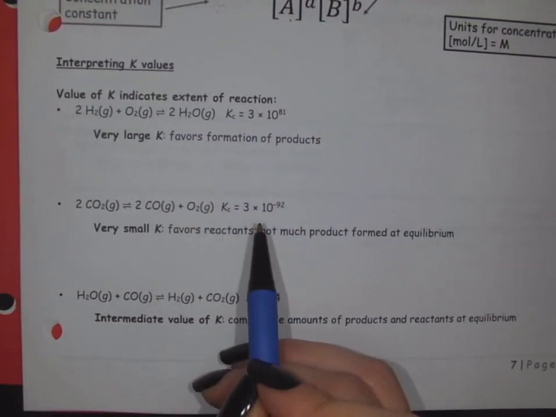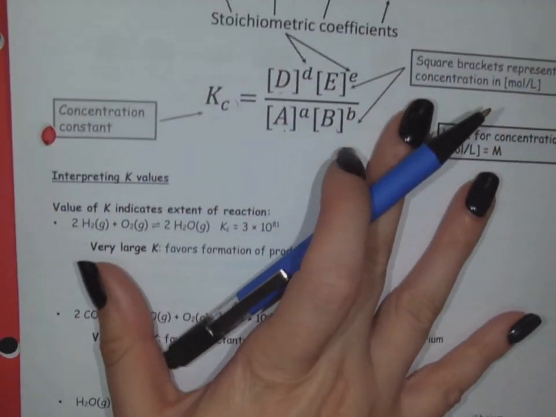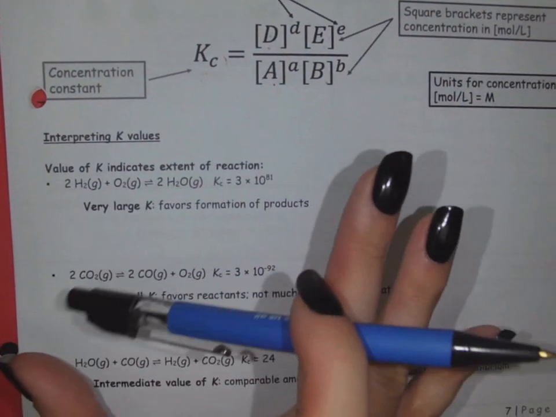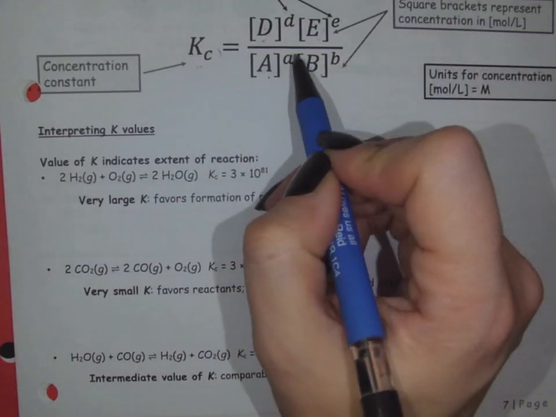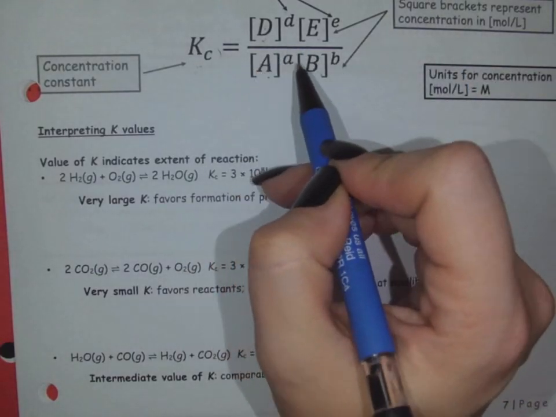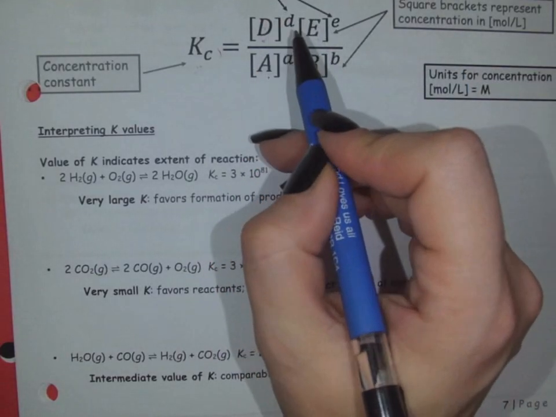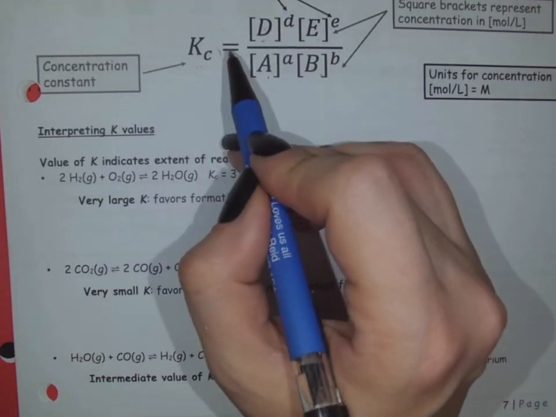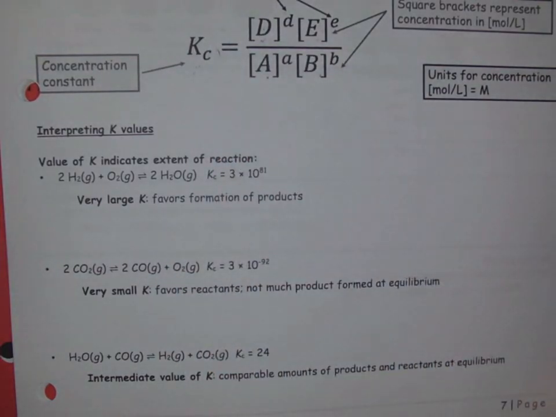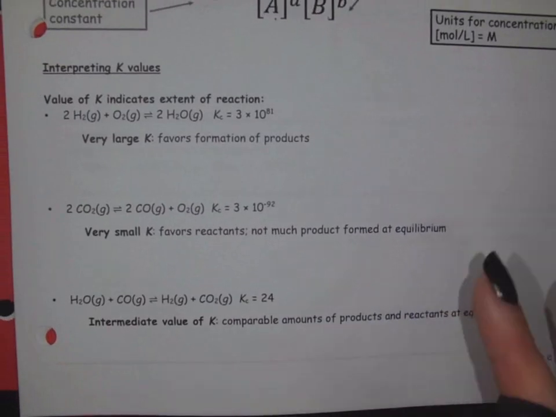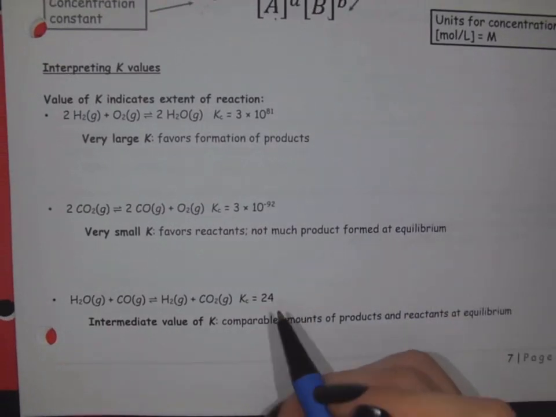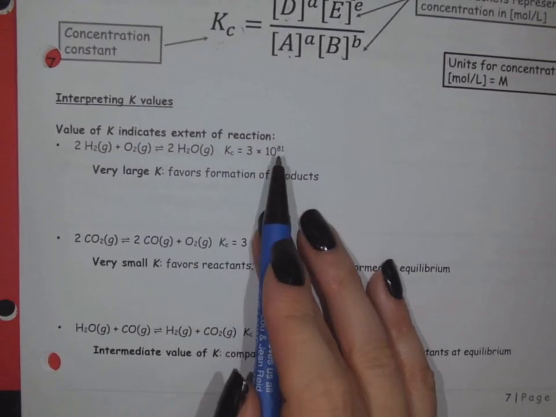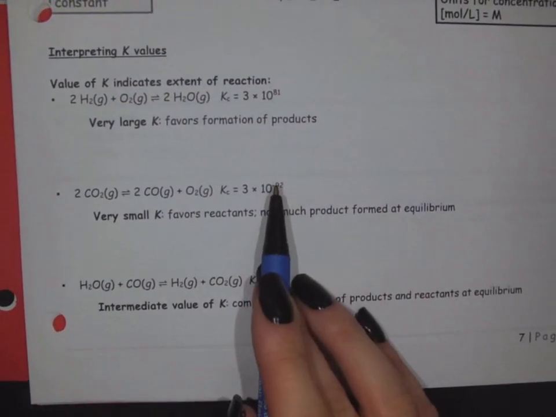Look at this one, times 10 to the negative 92. That would mean that when it finally goes back and forth and gets to equilibrium, there's way more reactants at equilibrium than there is products, and that would result in a really small K value. When you have a comparable amount of products and reactants, we have a K value that's not super big and not super small.